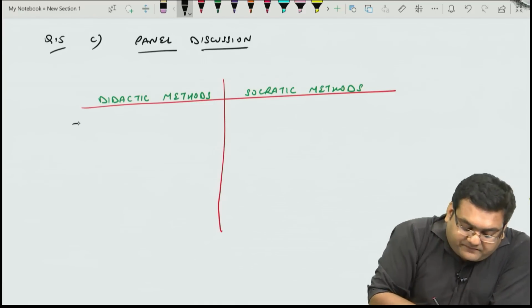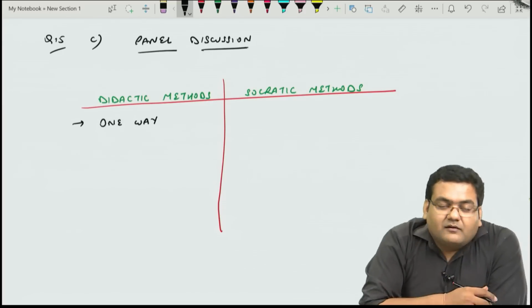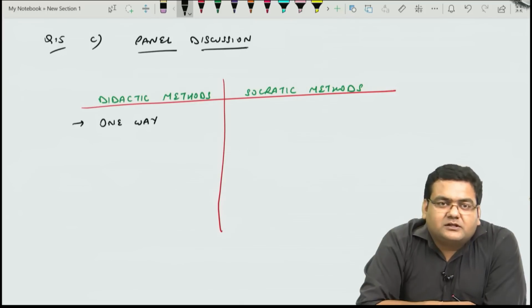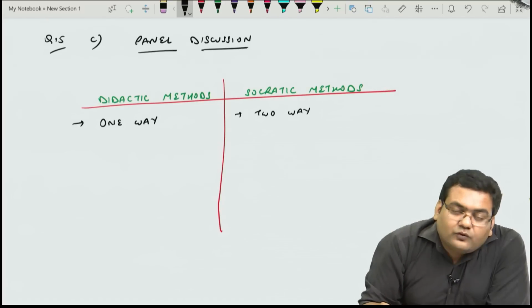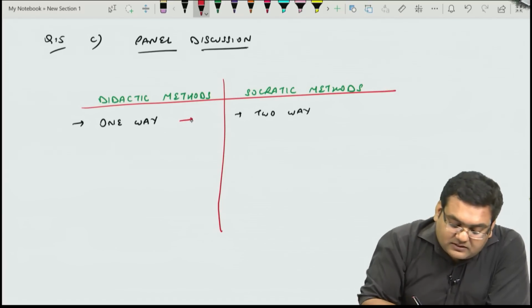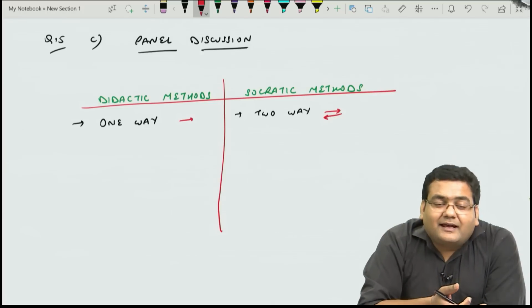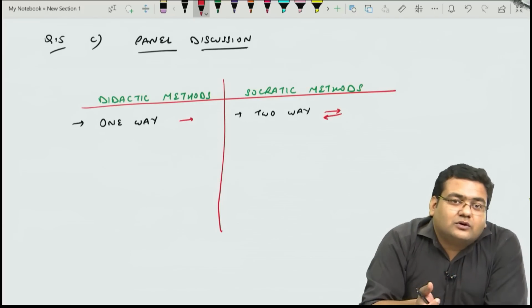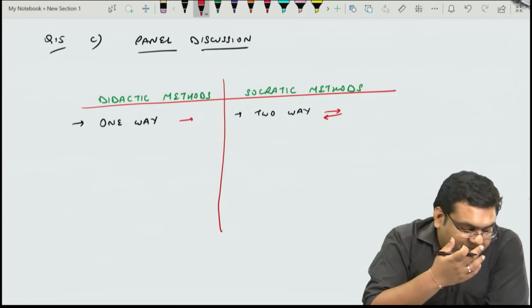It is a one-way method of imparting information, whereas Socratic is a two-way method of imparting information. In the didactic method, the information is imposed on the audience, which is not the case with the Socratic method.